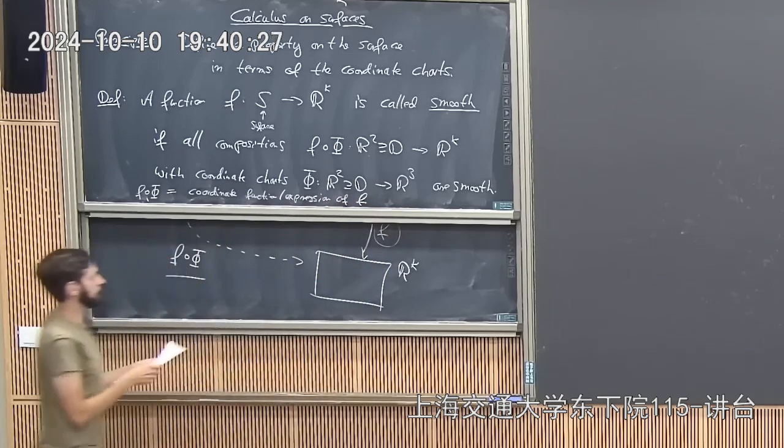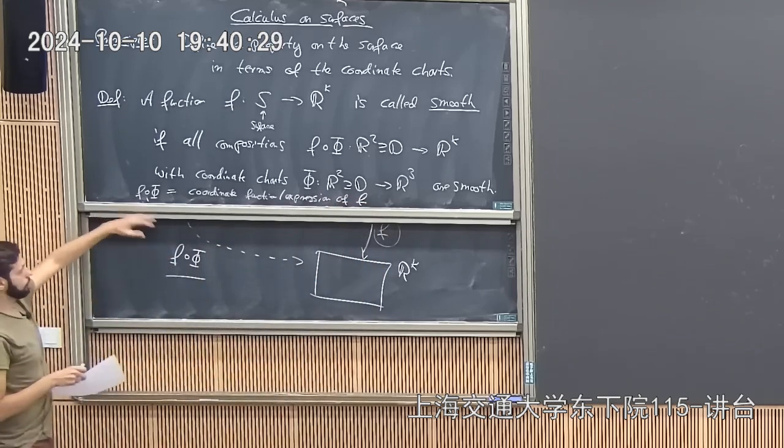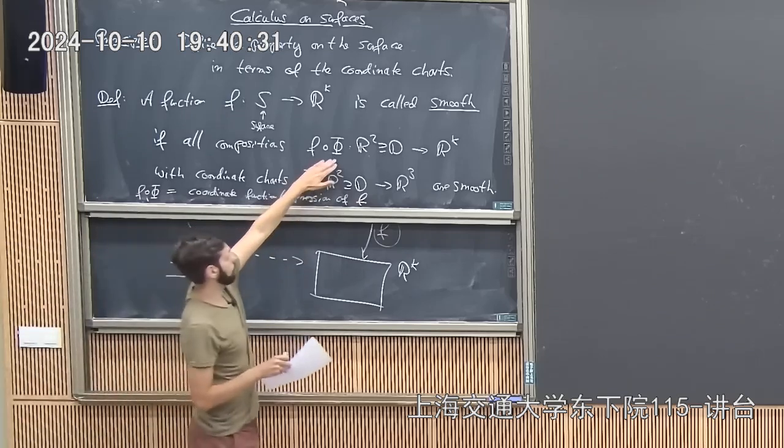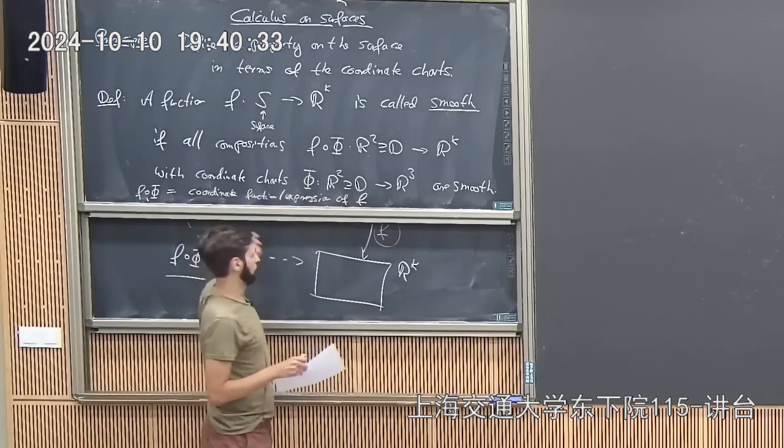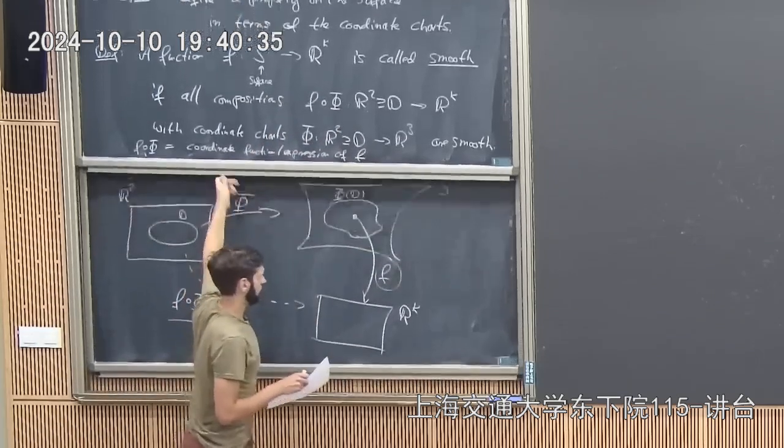We have a function and we can express that in terms of this other coordinate, by just taking the composition.